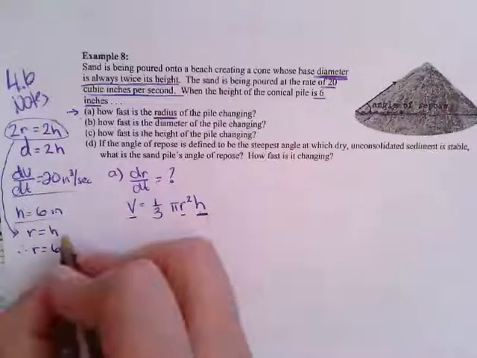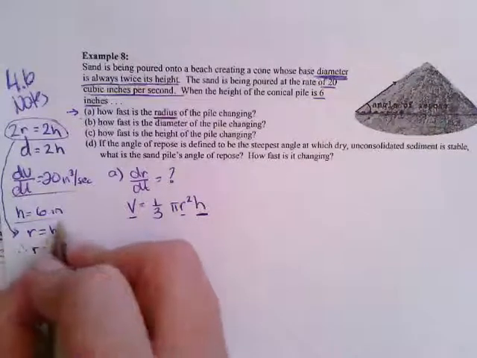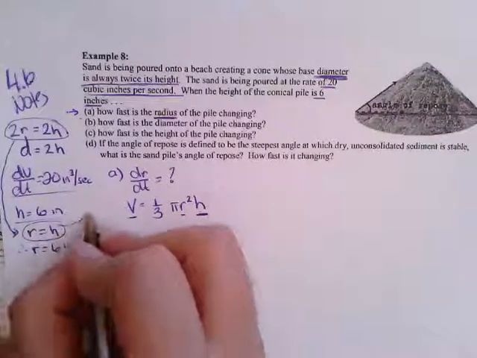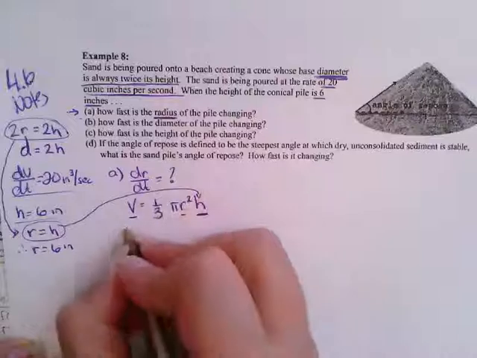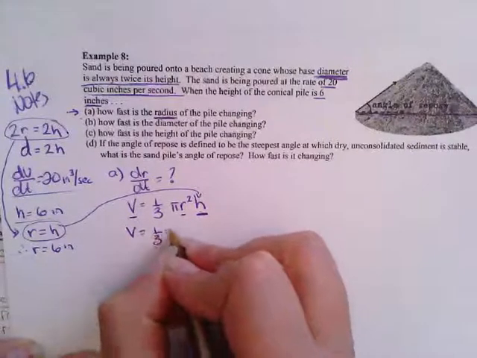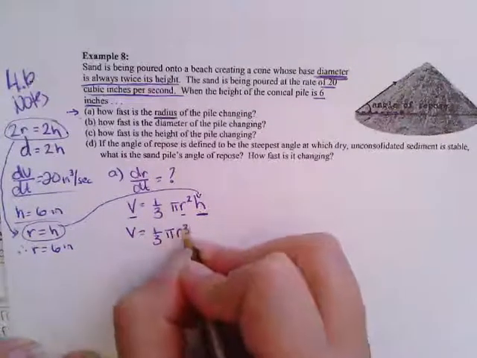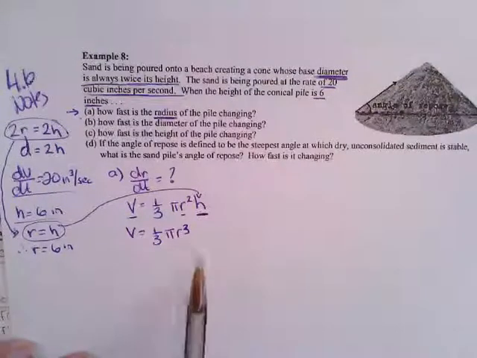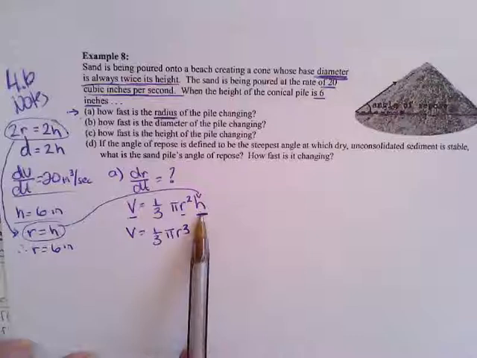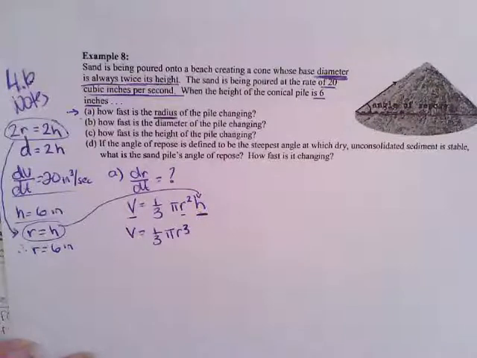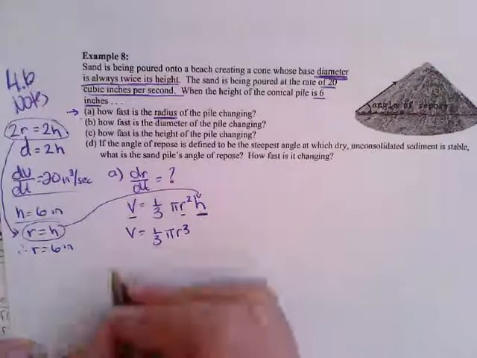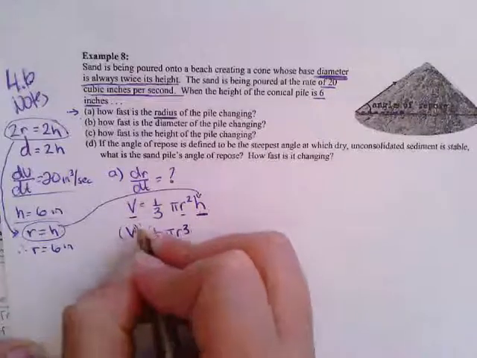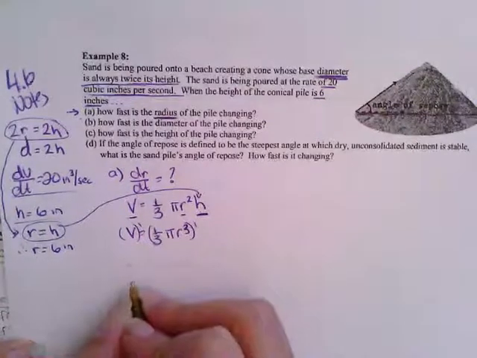So the best thing to do right now is to use this piece of information, and basically instead of this h, we're just going to write r cubed. And this makes it easier because we don't have dh/dt in this problem.